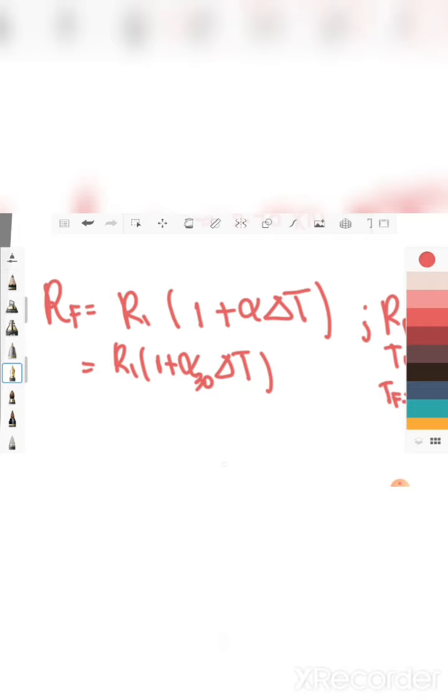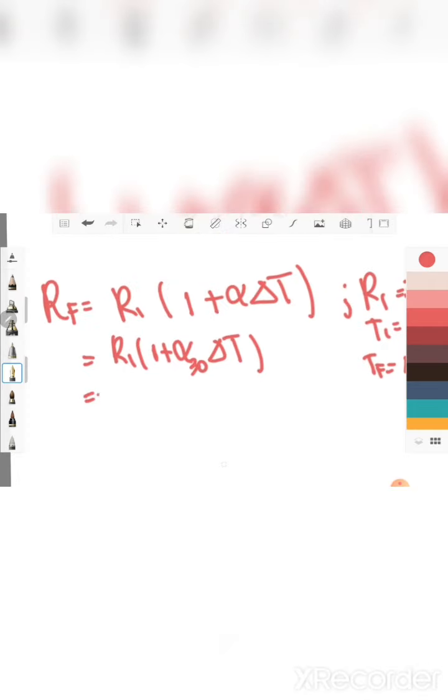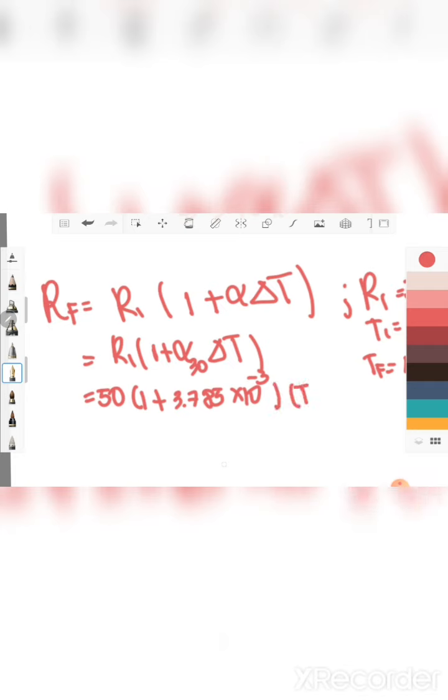Take note that your R at 30 degrees Celsius is equal to 50 ohms. And our alpha at 30 degrees Celsius is equal to 3.785 times 10 raised to negative 3 from your calculator, multiplied by your delta T. Take note that delta denotes a change, equal to final minus initial, or simply T2 minus T1.